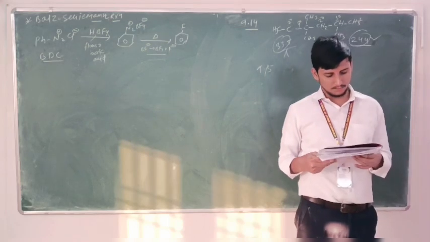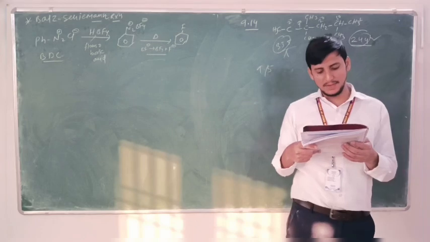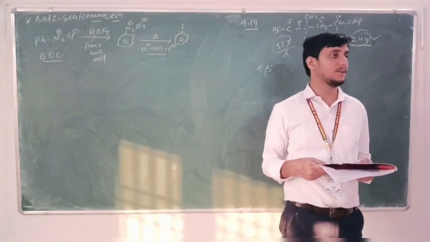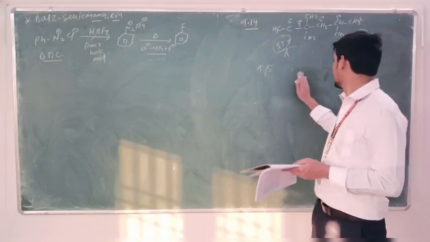Question 16: addition of HBr to propene yields 2-bromopropane, while in the presence of benzoyl peroxide it forms 1-bromopropane. What happened here?